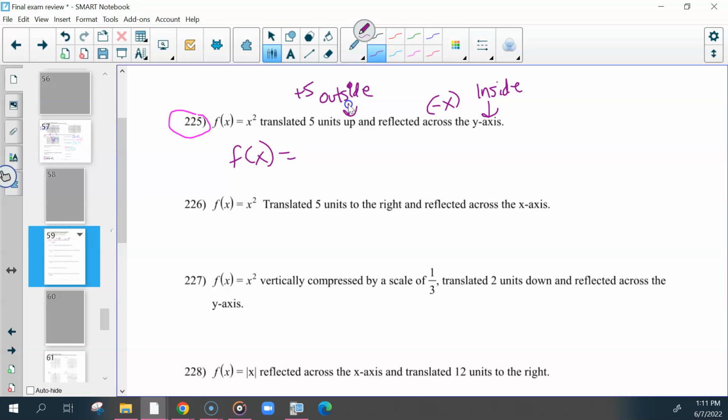So we can go ahead and put our inside piece, -x in parentheses. This is a squared function, so we need that. And then +5 on the outside. And that would be our function. Questions on that one?